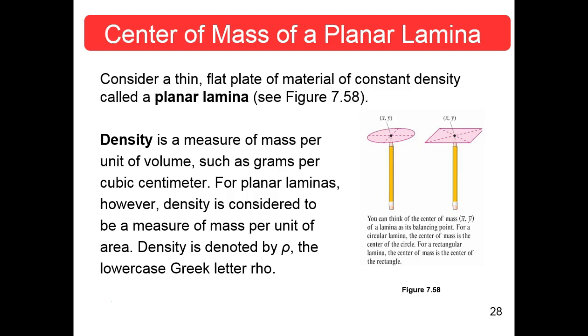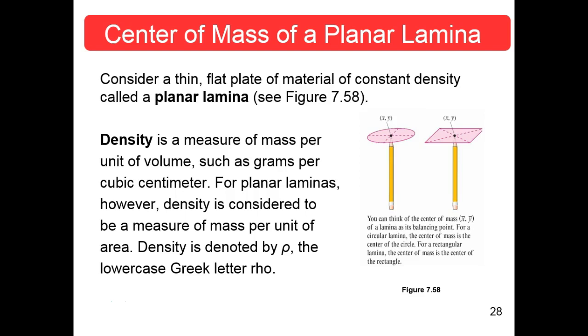Because if it's a thin, flat plate, you really don't worry much about the thickness of the plate. You're only concerned with the area. Because if it's a lamina, it's uniform thickness, uniform density. Okay. So then we talk about density being a measure of mass per unit area. Or later we'll do pounds per unit area.